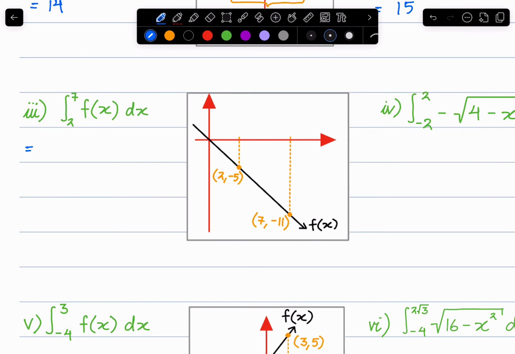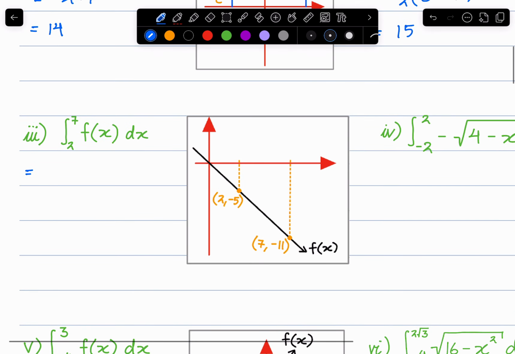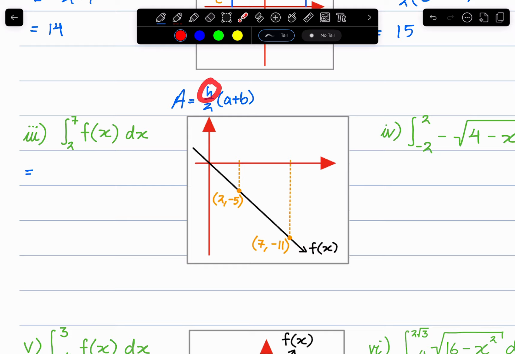Be very familiar with the area of a trapezium. It's h on 2 times A plus B, where h is the height of this trapezium. In this case, it's going to be 5, so 5 on 2. And A and B are the lengths of the parallel sides. In this case, the length of this is negative 5 plus the length of this is negative 11.